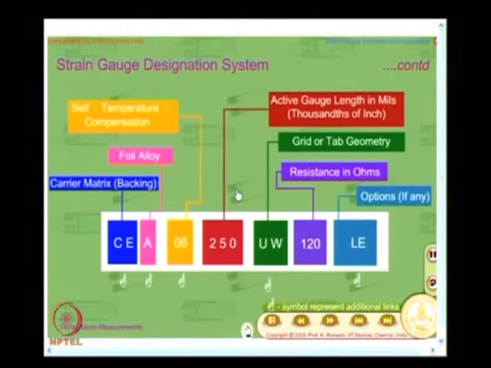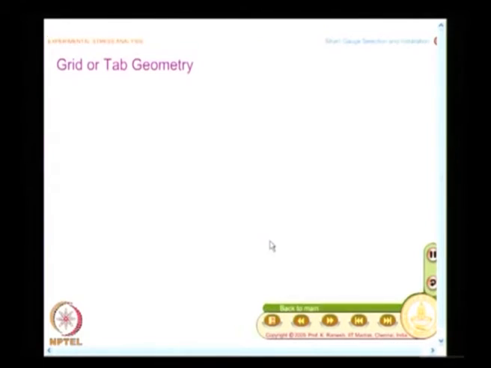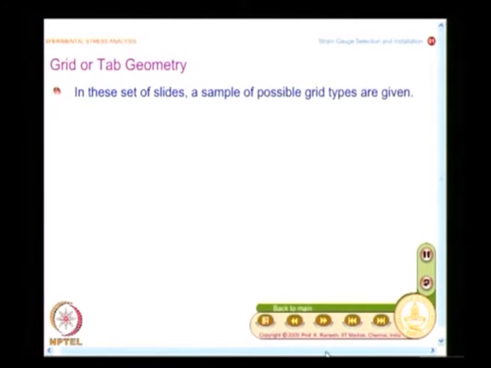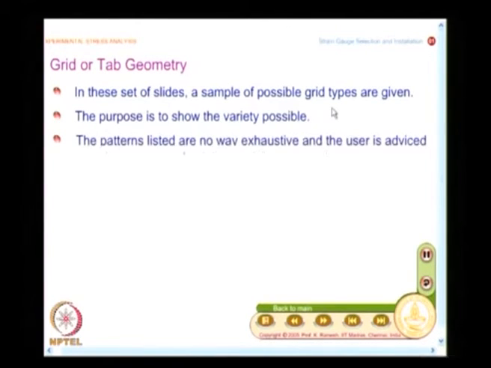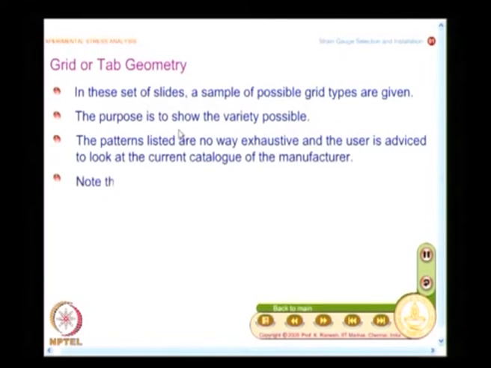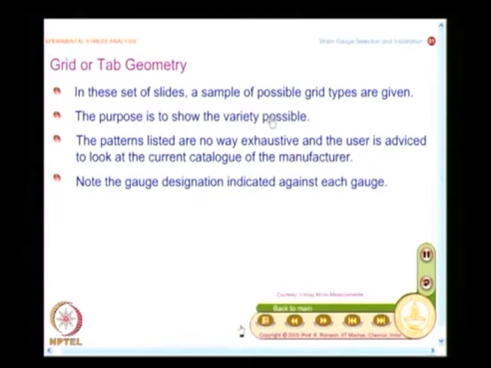So, now we focus our attention on what grid and tab geometries are available. What I try to provide in these slides is only a sample of possible grid types, because you need to know what variety is possible. A strain gauge is not just a single set of loops.